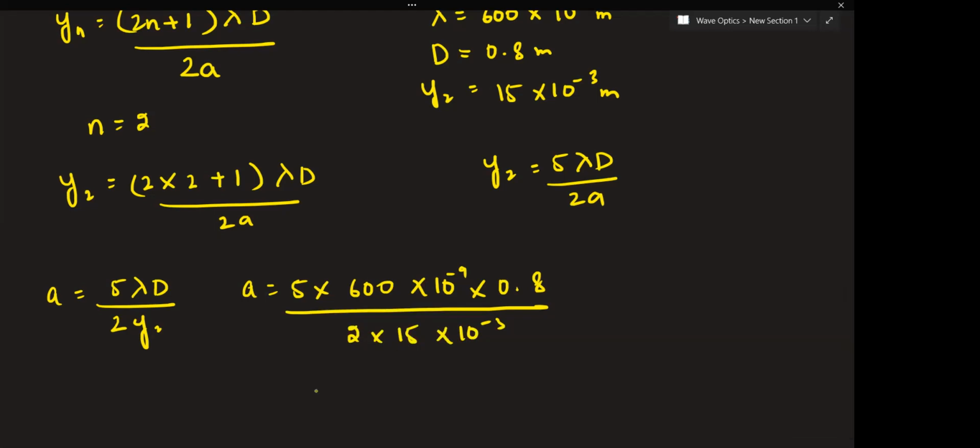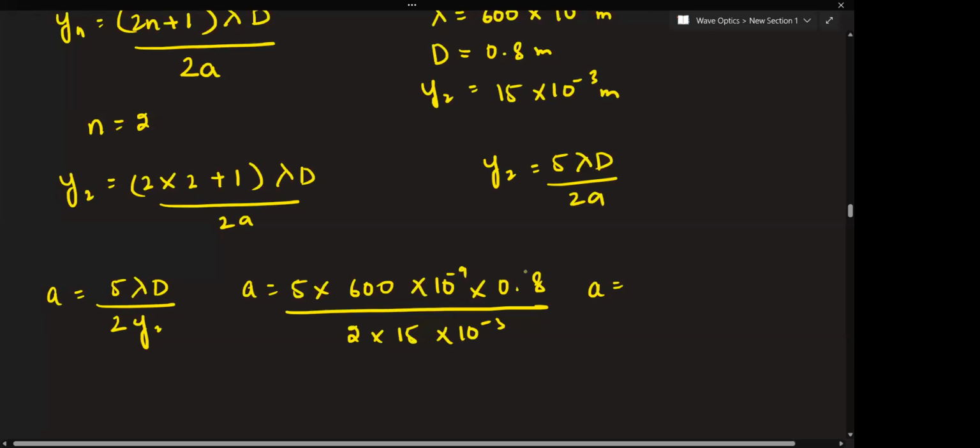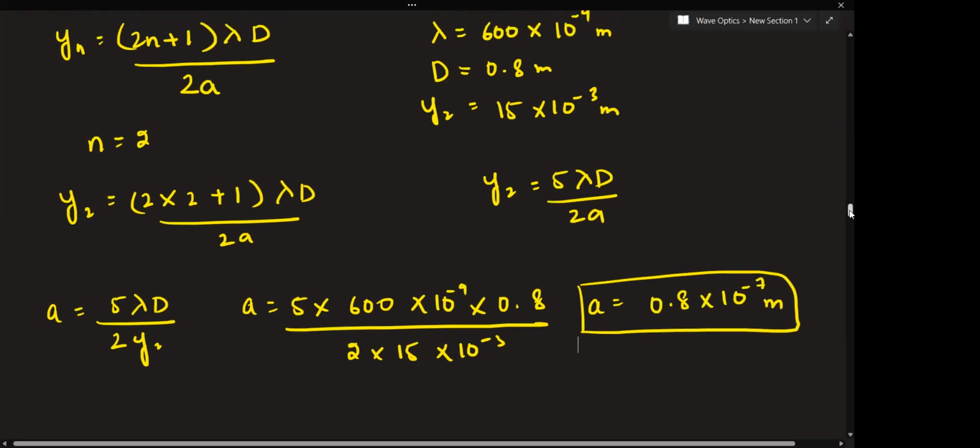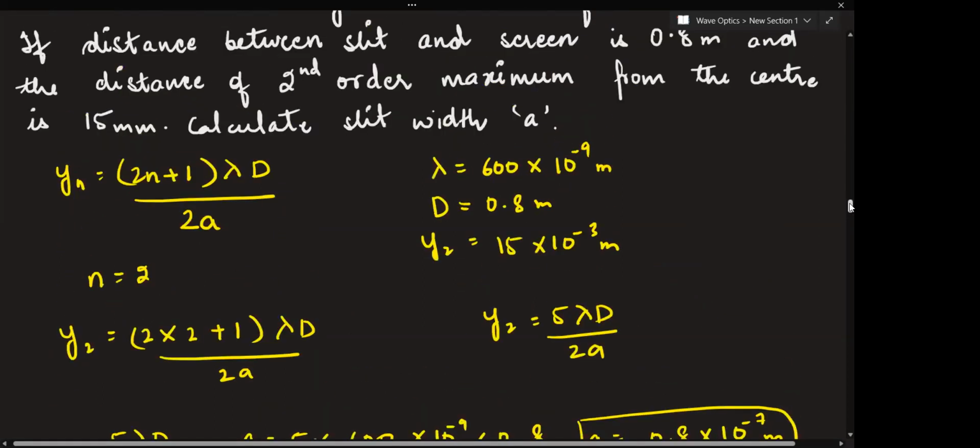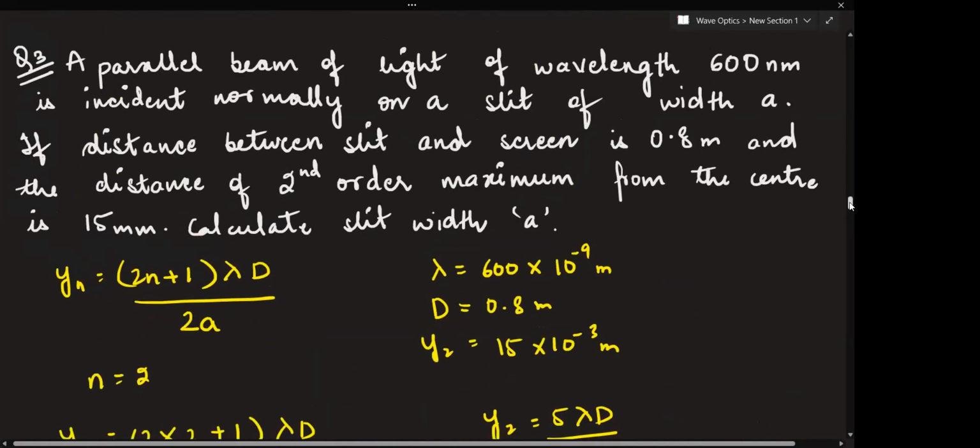As rightly answered by Abdullah, this will remain 0.8 and the rest of the terms will get cancelled. So it would be 0.8 into 10 to the power minus 7 meters. Clear to all of you? For all those who have not written it down, just note it.